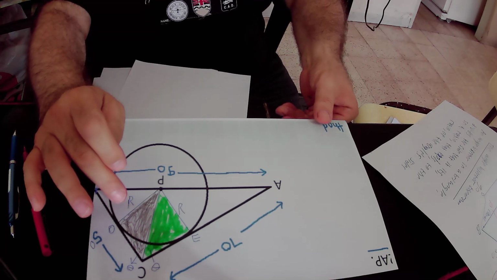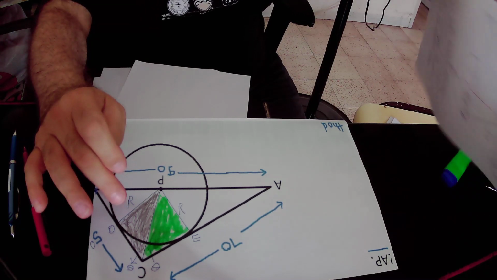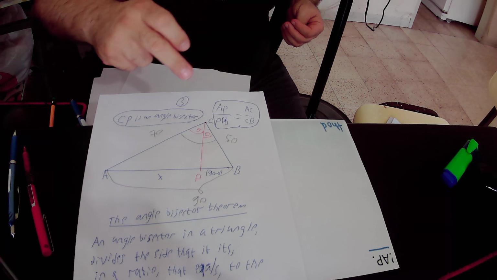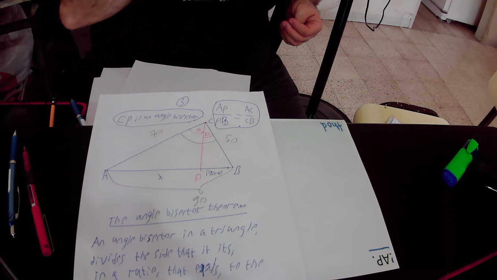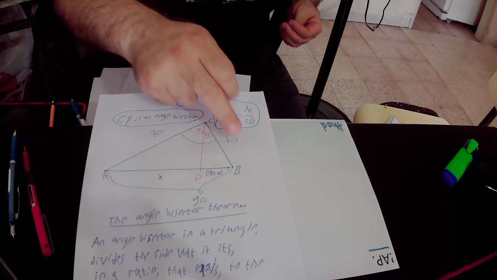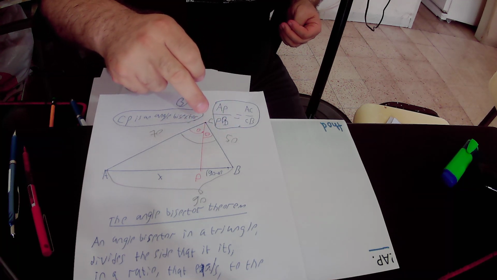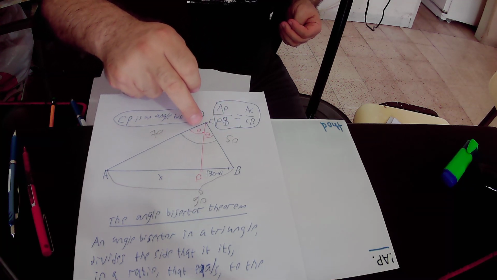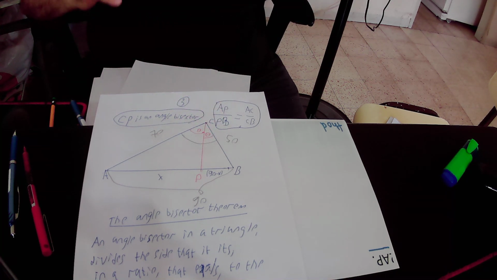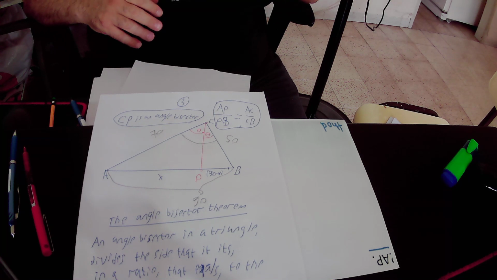So I draw again triangle ABC with PC, which is actually the angle bisector because it splits angle ACB into 2 halves. This is the first half and this is the second half. So PC is the angle bisector.